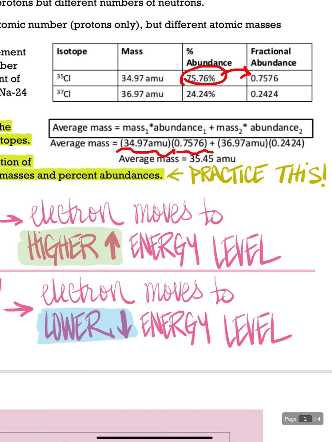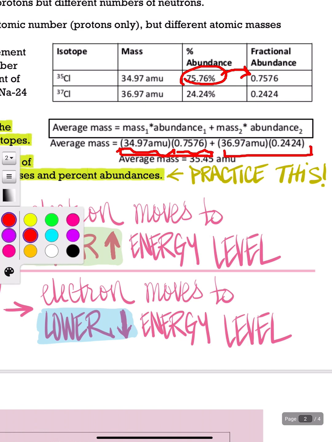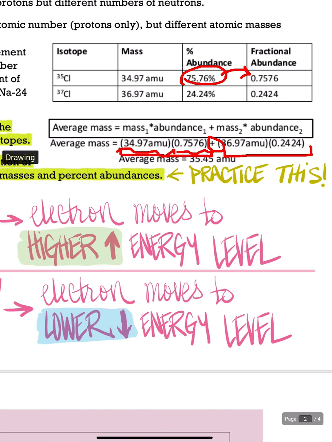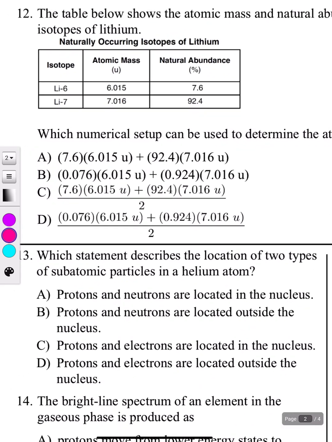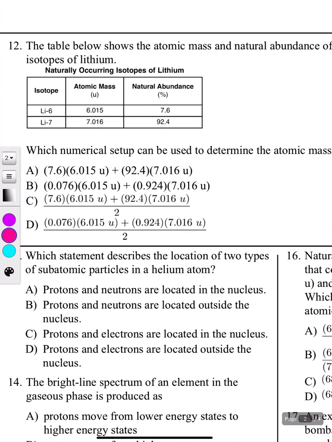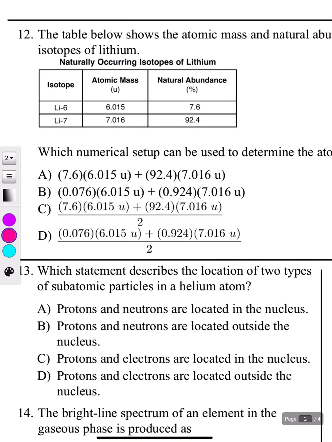Then the next isotope, we did the same thing. We separated each isotope with a plus sign. So here you have that in the middle of those two isotopes. Okay, let's go back. So that is what I'm going to be looking for here. Let's look at them and let's see which one is converting the percent into a decimal.